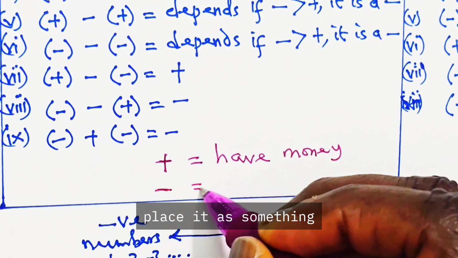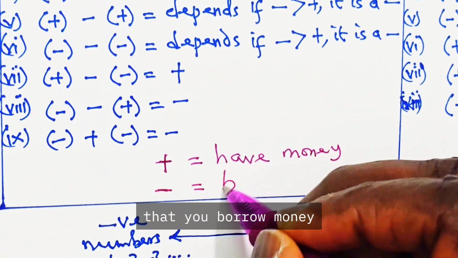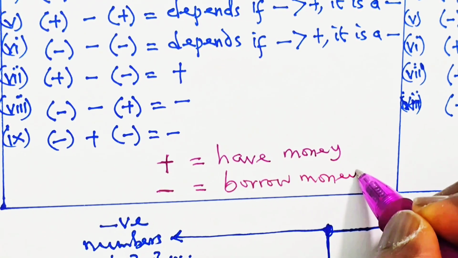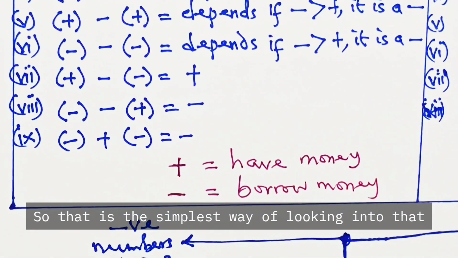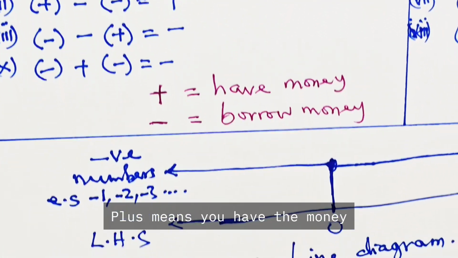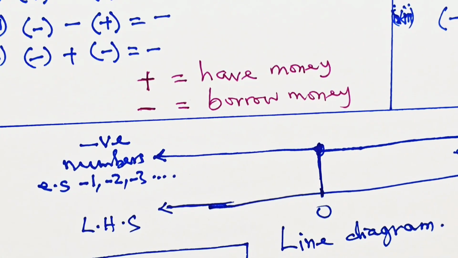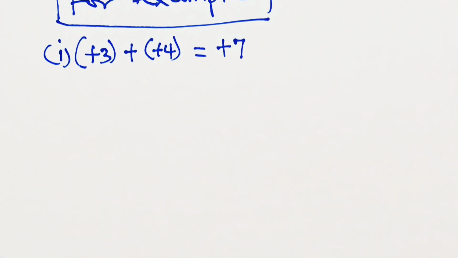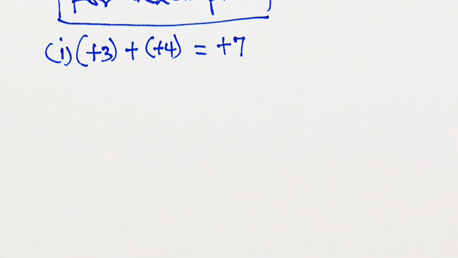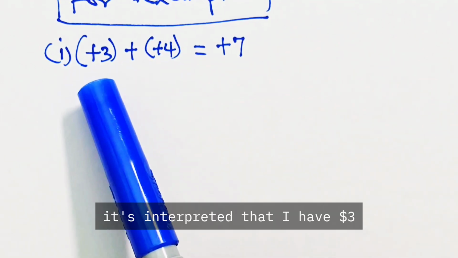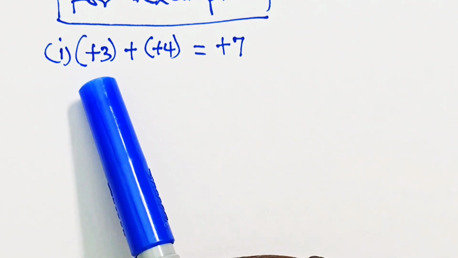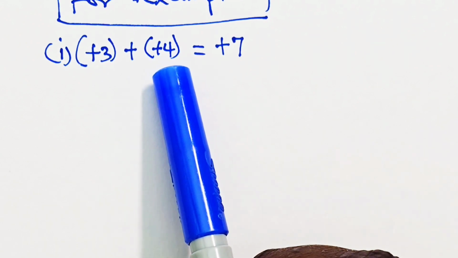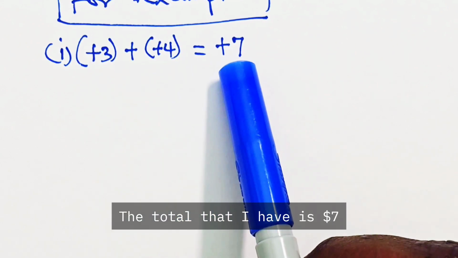Then negative, treat it as money that you borrow. That is the simplest way of looking at it. Plus means you have the money. Negative means you borrow money. So this is interpreted as: I have $3 and I have another $4. The total that I have is $7.